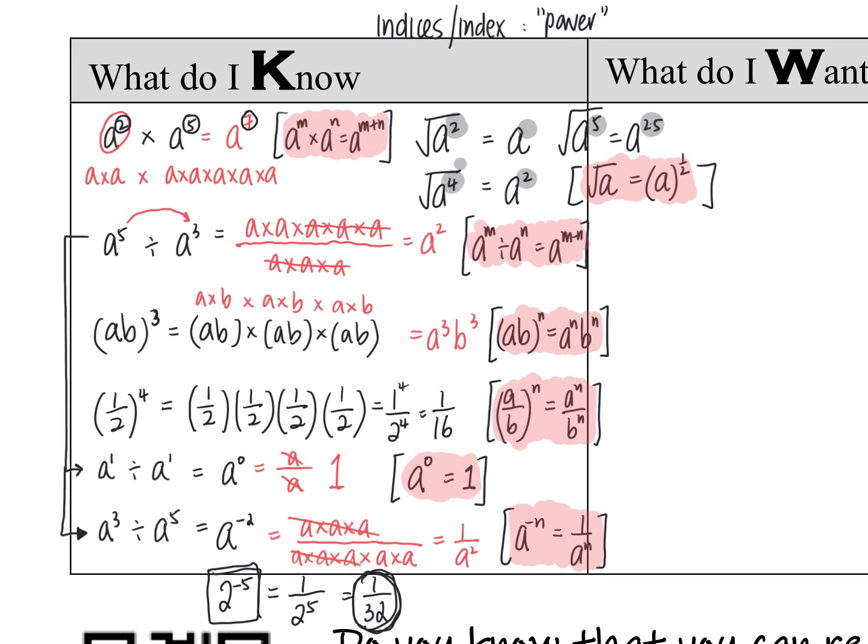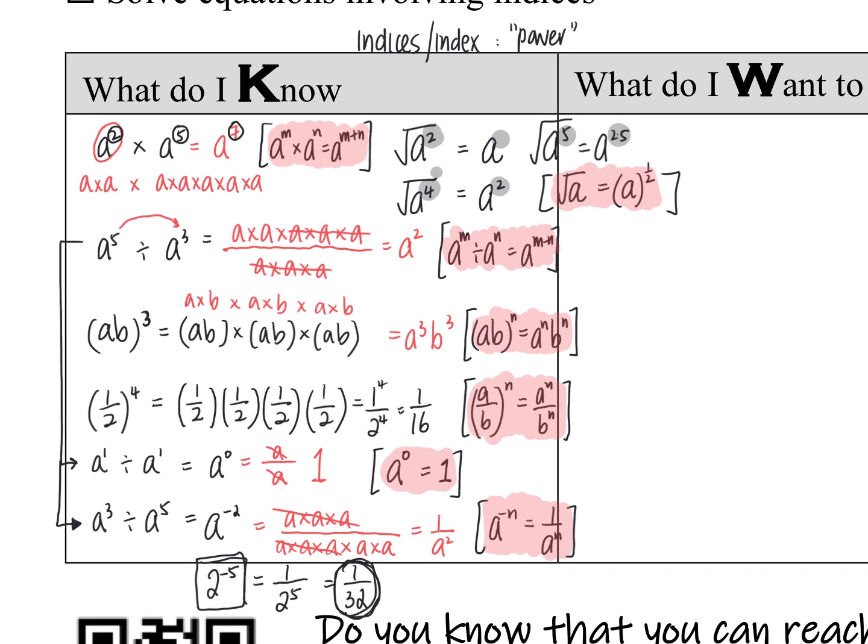Okay, Sec 1 you learn this. So there's more, I think there's a total of 9 rules. We have 7 here. The last 2 we will use later. So now using these 7 rules, let's do all the questions together.